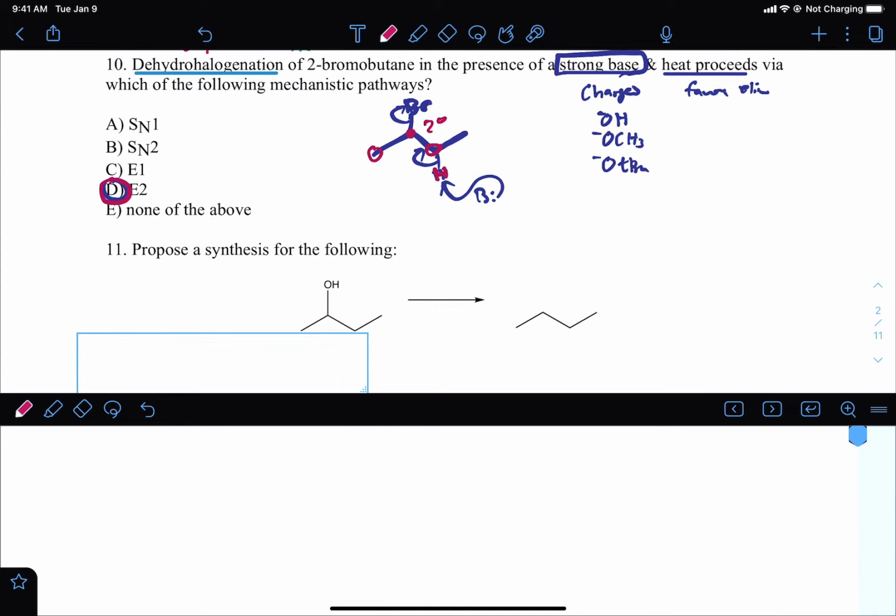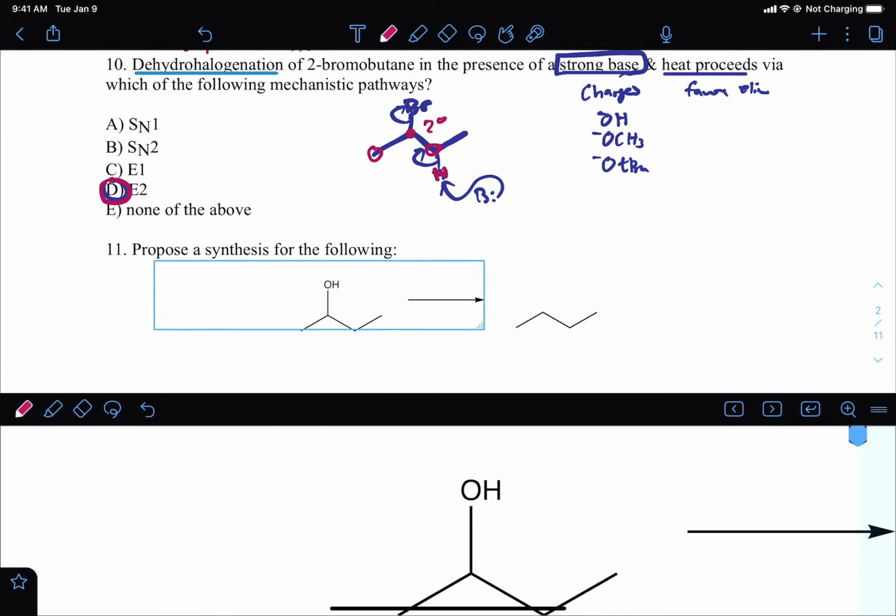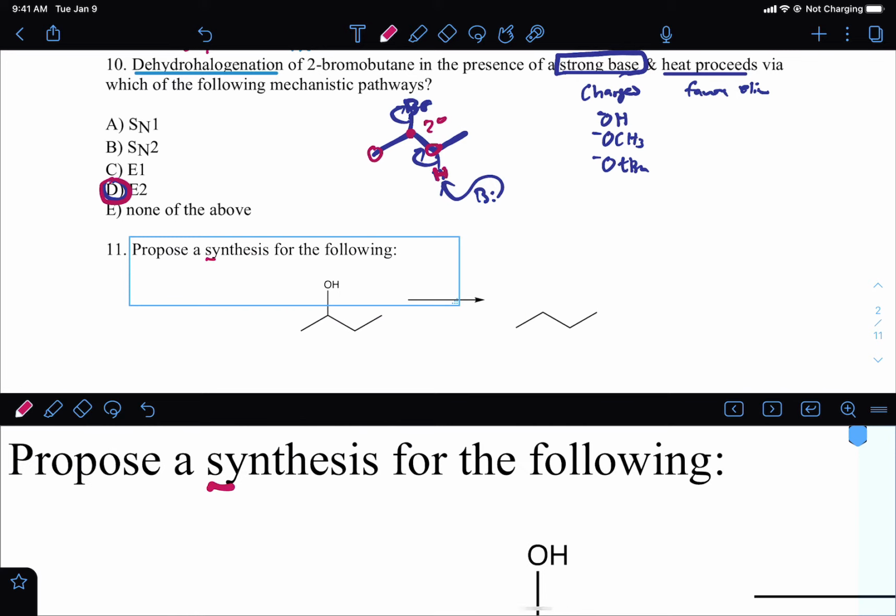Propose a synthesis for the following. Okay. So synthesis kind of implies that there's going to be multiple steps. We have to do one transformation followed by another, perhaps followed by another, where the product of the first transformation acts as the reactant for the second transformation.